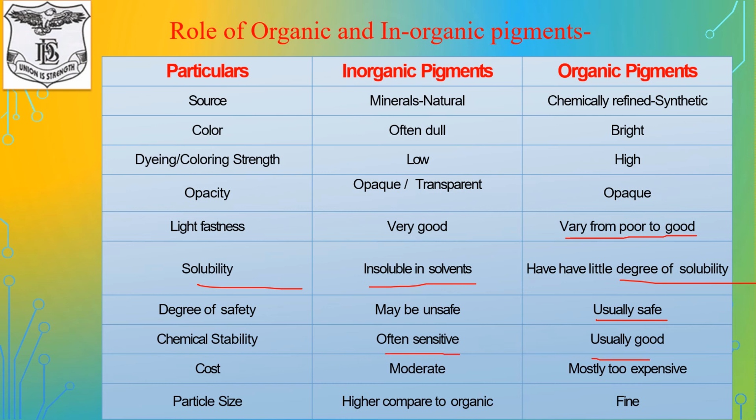Organic pigments have good chemical stability, or they are neutral towards chemicals. Cost: inorganic pigments have a moderate cost. Organic pigments are expensive as compared to inorganic pigment. Particle size: inorganic pigments have a higher particle size, and organic pigments have a finer particle size as compared to inorganic ones.